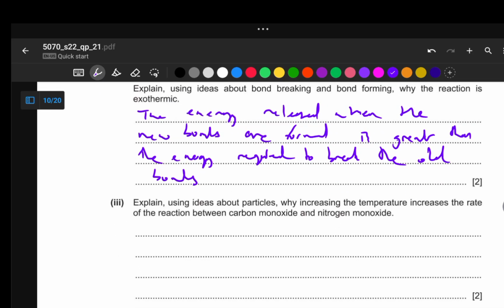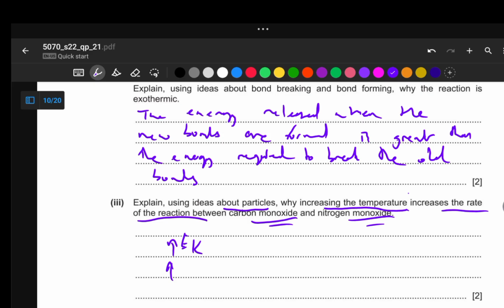And then we now proceed to the next question. Explain using the idea of particles why increasing temperature increases the rate of reaction between carbon monoxide and nitrogen monoxide. So with the effect of temperature, we have the increment in the molecular kinetic energy, and we also have the increment in the energy content of the particles.